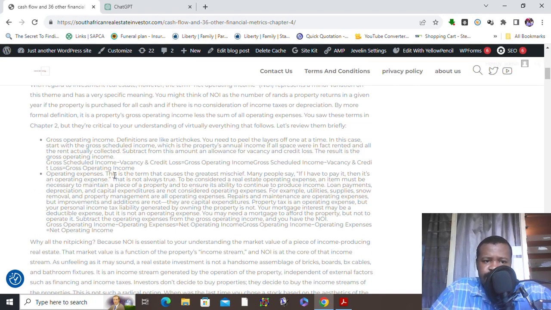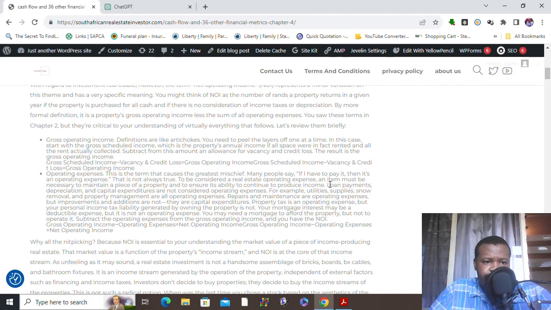Operating expenses. This is the term that causes the greatest mischief. Many people say, if I have to pay it, then it's an operating expense. That is not always true. To be considered a real estate operating expense, an item must be necessary to maintain a piece of property and to ensure its ability to continue to produce income.